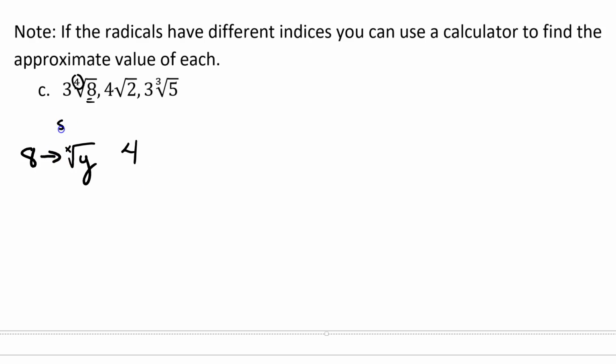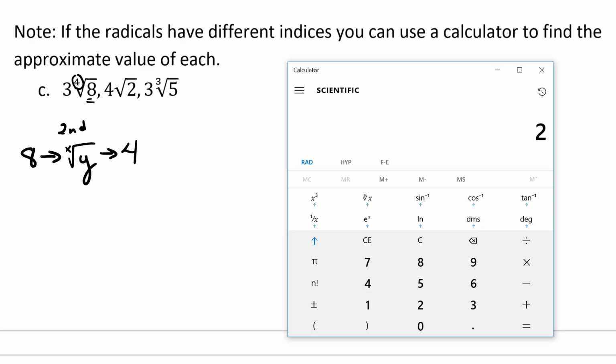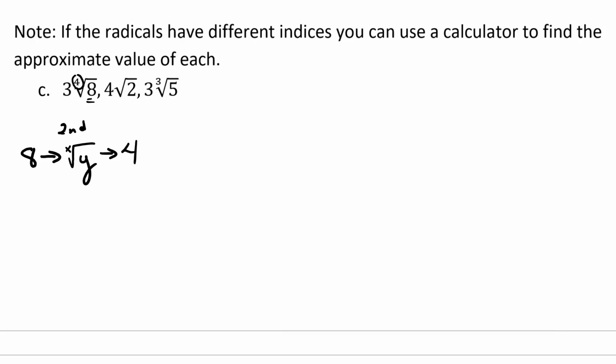Sometimes you have to use the second or shift. And root 4. So now I use the cubed root of 8 as an example so that I can see if my methodology is right. So if you can find that, go ahead and use it.